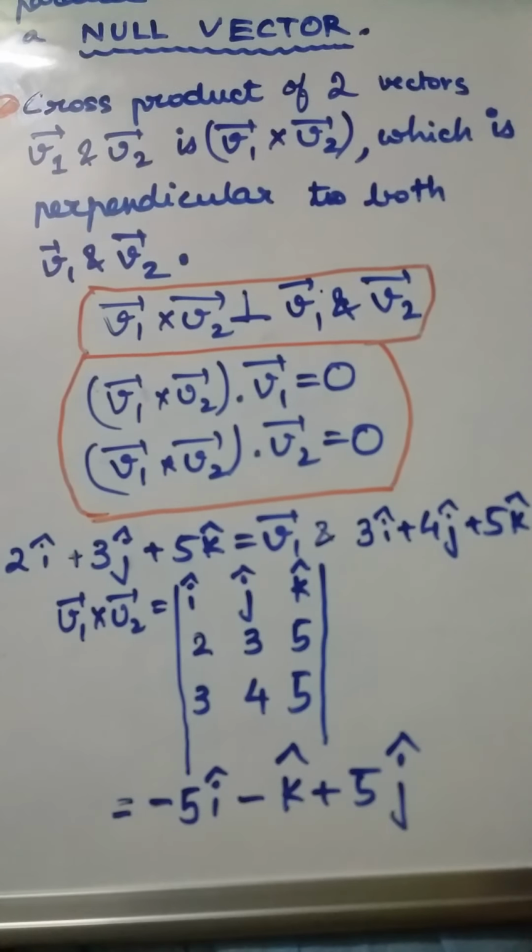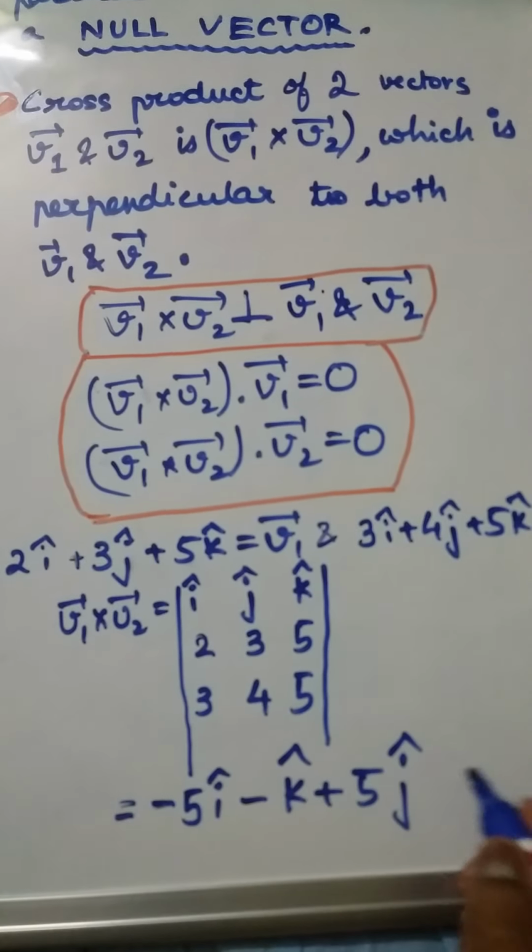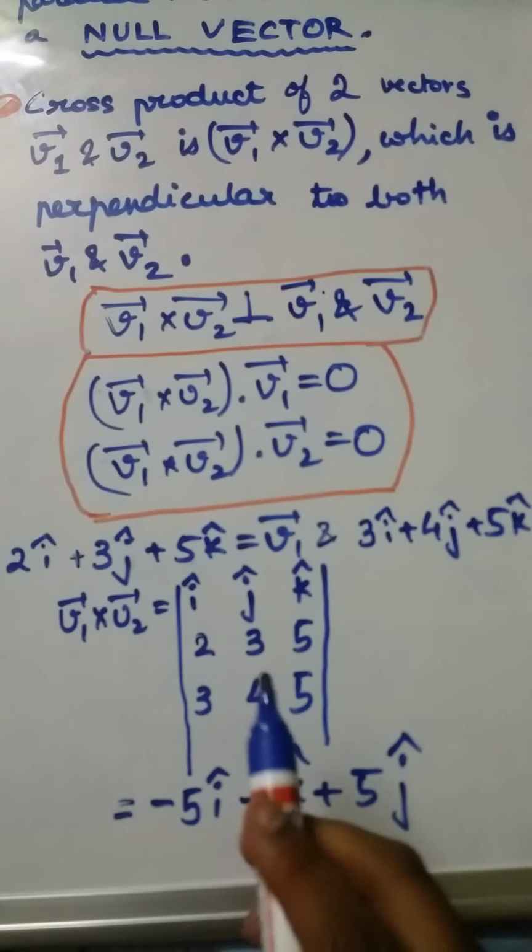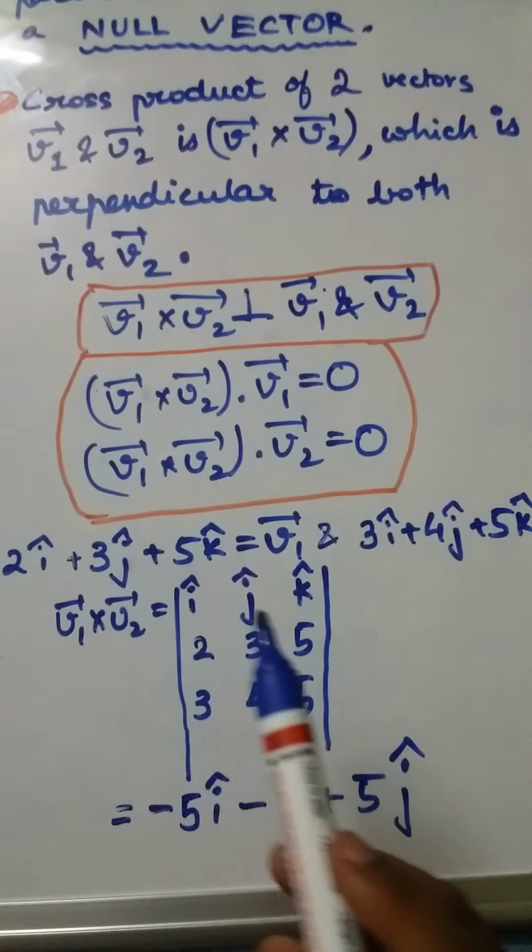Okay, so this is the answer. So this vector is perpendicular to both of these vectors.